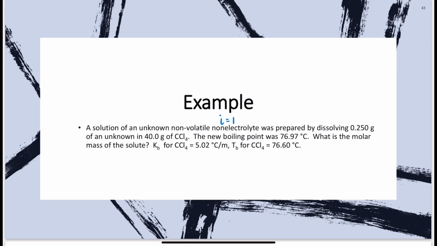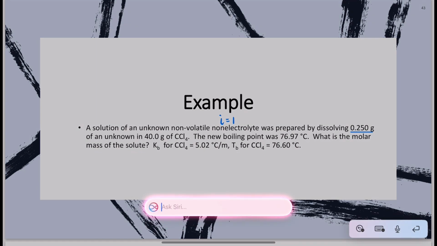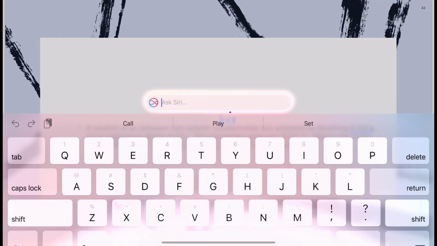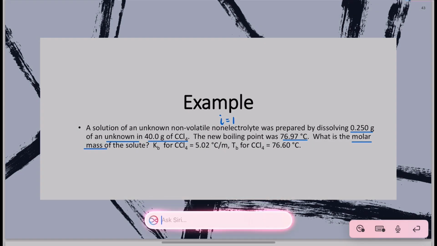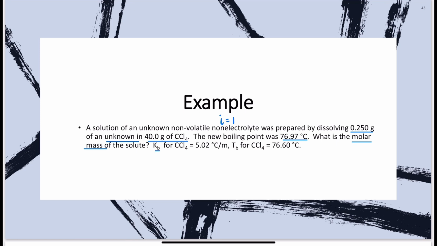It was prepared by dissolving 0.250 grams of an unknown in 40 grams of carbon tetrachloride. The new boiling point was 76.97 degrees C, and I want to find the molar mass. And I'm told Kb and the boiling point. So, what I want to find is molar mass.